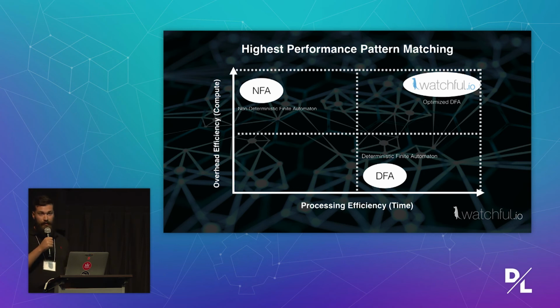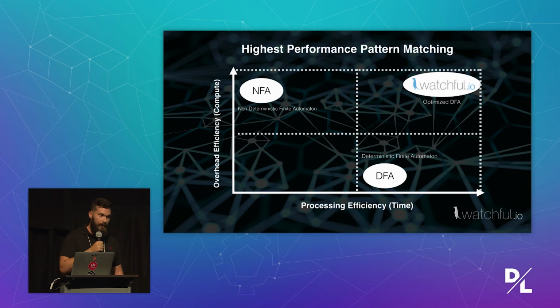With DFA, we gain processing efficiency, but we lose that compute efficiency. We're basically going to be throwing resources upon resources at it. And there we sit, of course, we made this graph with the optimized DFA in the upper right quadrant. For almost any multi-expression software-based pattern matching, we're going to be as efficient or more efficient and quicker.